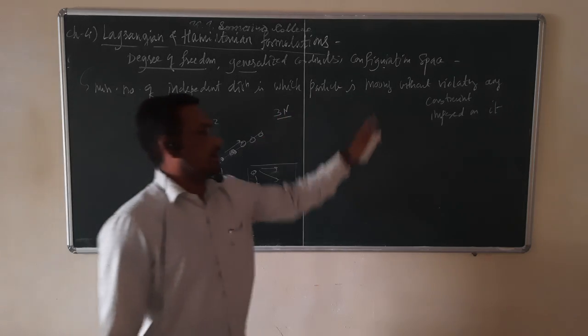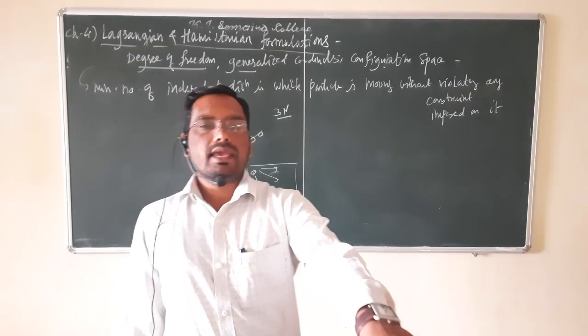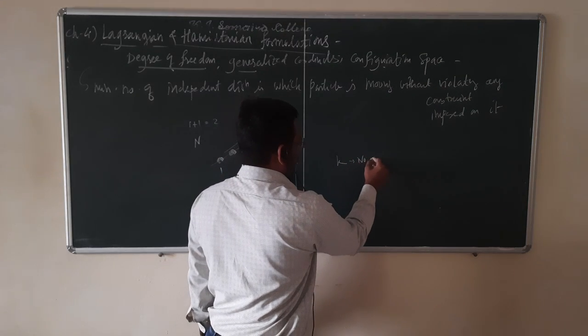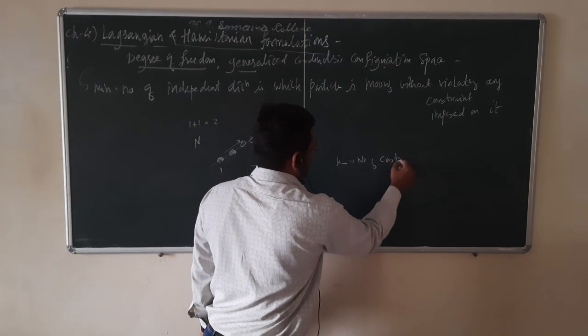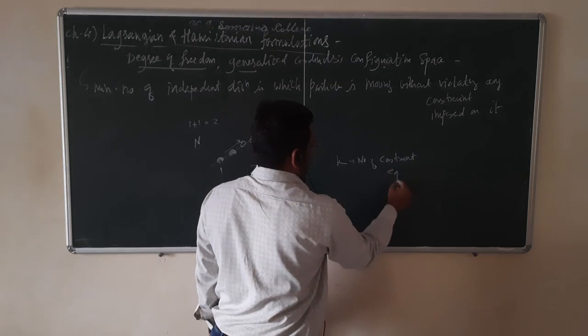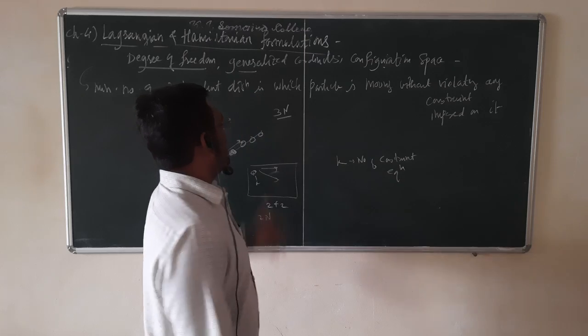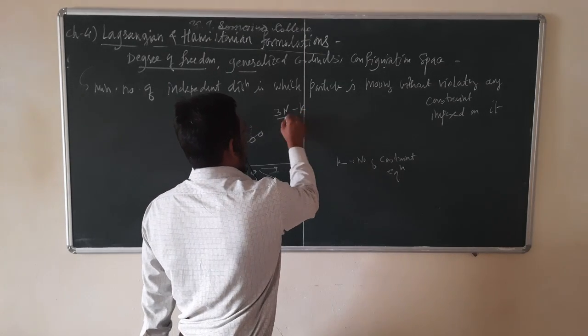Now if you have k constraint equations, where k is the number of constraint equations, then the degree of freedom is reduced to 3n minus k.